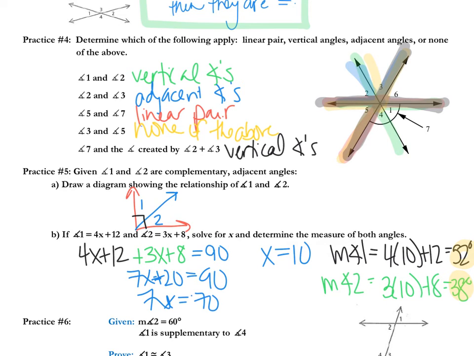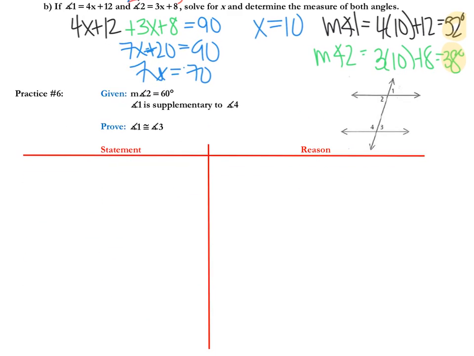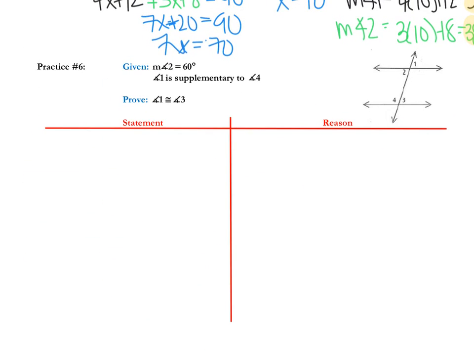Alrighty, last example, and this is going to be our longest proof, but that's okay. So, we know that the measure of angle 2 is 60 degrees. So this is 60. And angle 1 is supplementary to angle 4. Okay, so basically this means that they add up to 180 degrees.